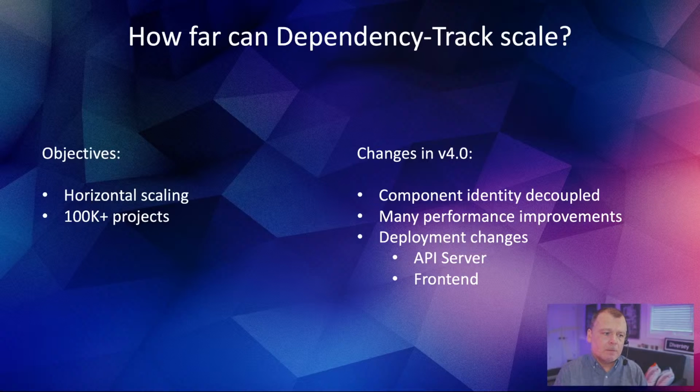There have been a lot of performance improvements to Dependency-Track 4.0, especially around metrics. Metrics has always been one of these things where it takes an awful long time to analyze. Many performance improvements were done in this area.